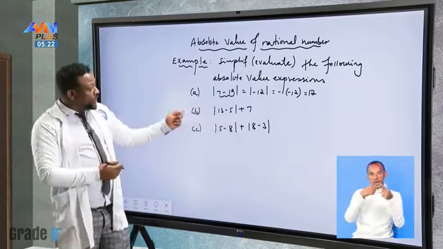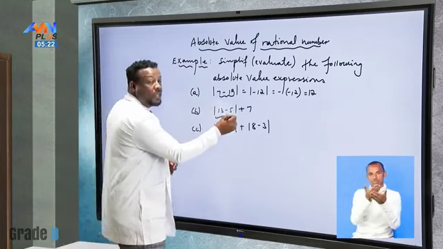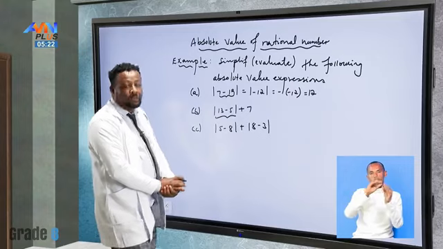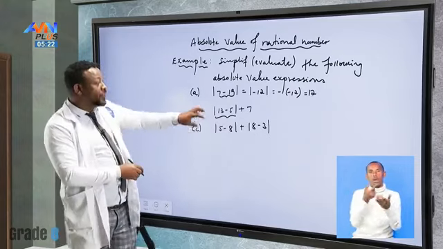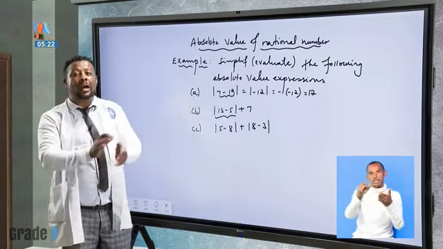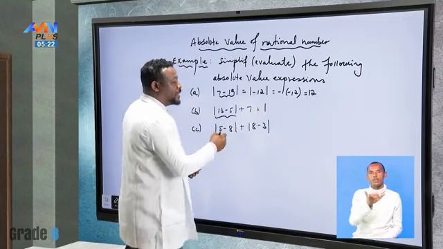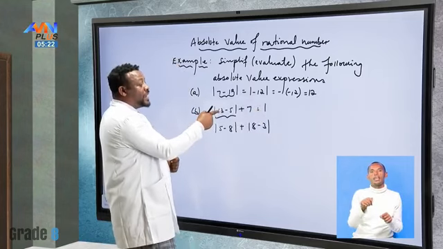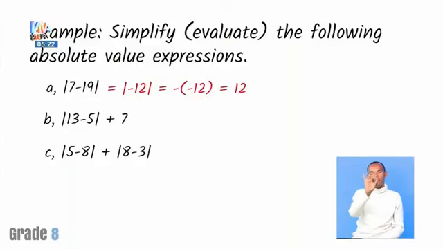When we come to the second case, we have absolute value of something plus a positive number 7, right? So the first thing that you need to do here is evaluate the expression that is written separately in the absolute value. So this is the same as the absolute value of 13 minus 5. 13 minus 5 is 8.